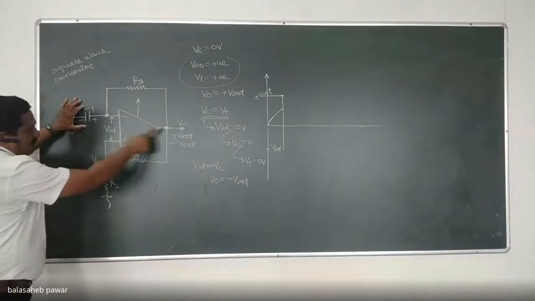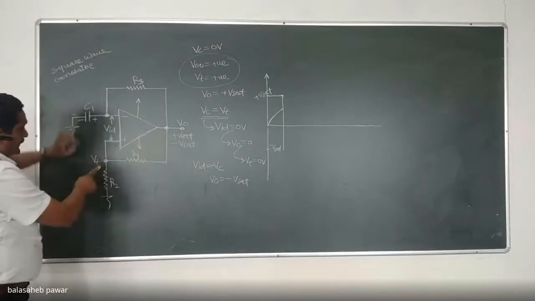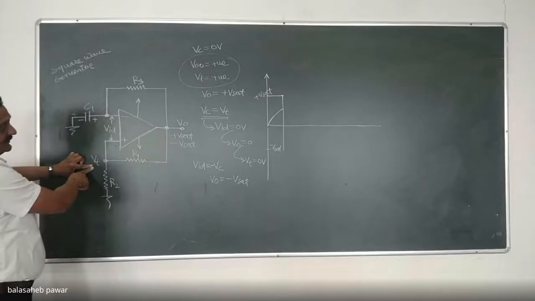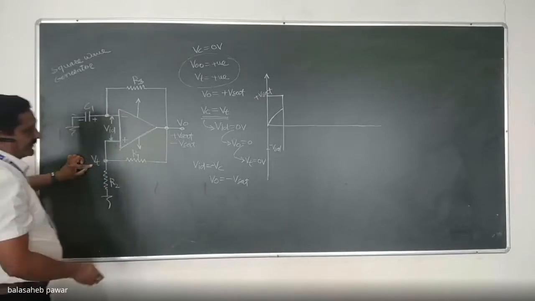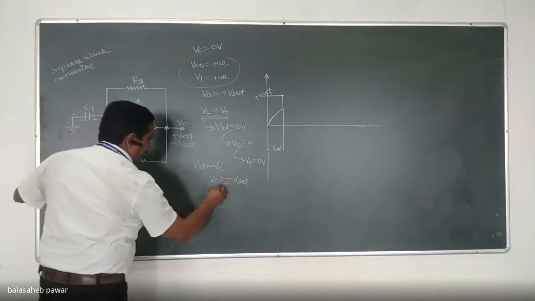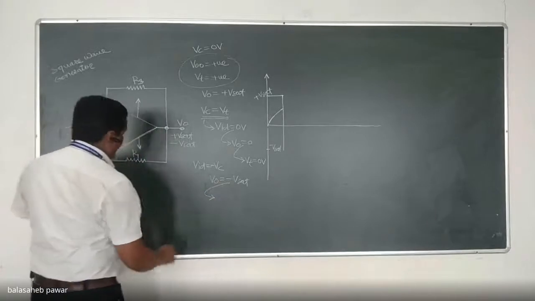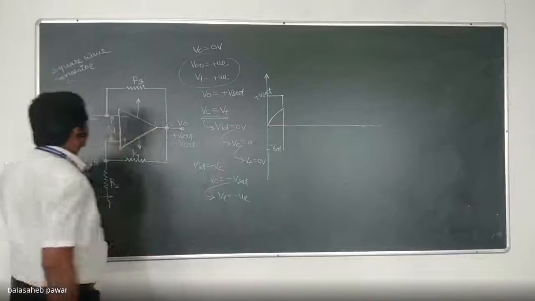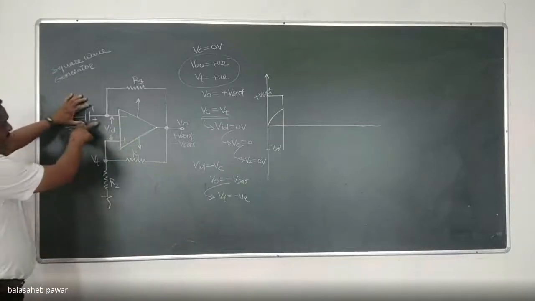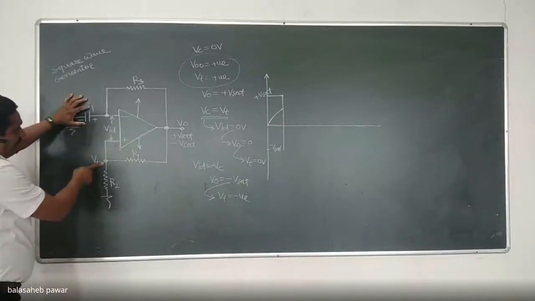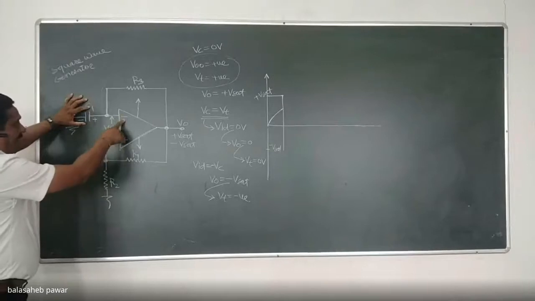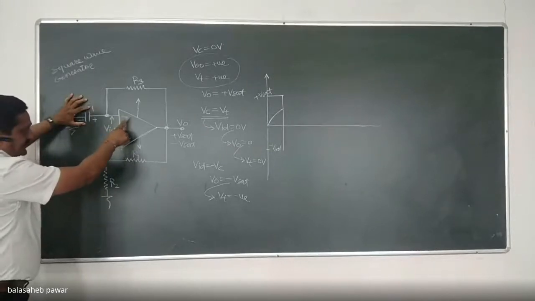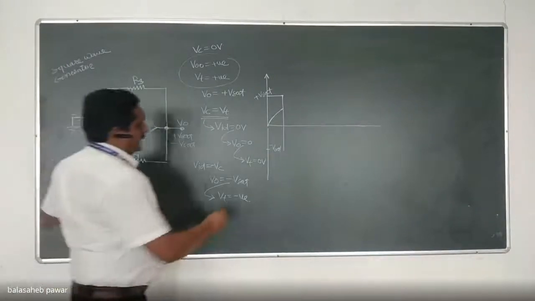Now, when the output gets forced to minus VSAT, this VT will be negative. Now see, the capacitor is at positive potential, VT is at negative. That means the inverting terminal is dominant, and hence the output will remain minus VSAT.